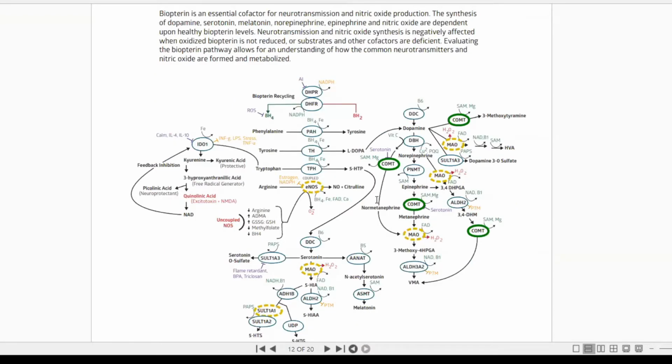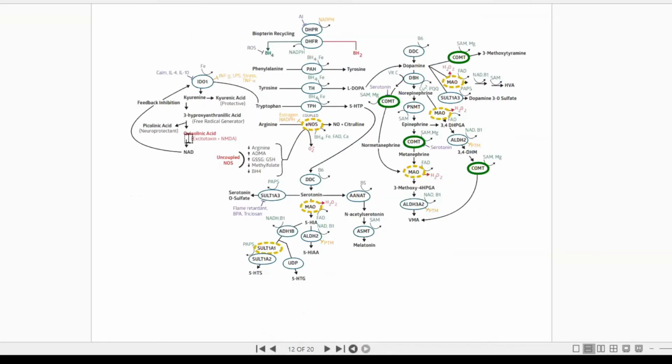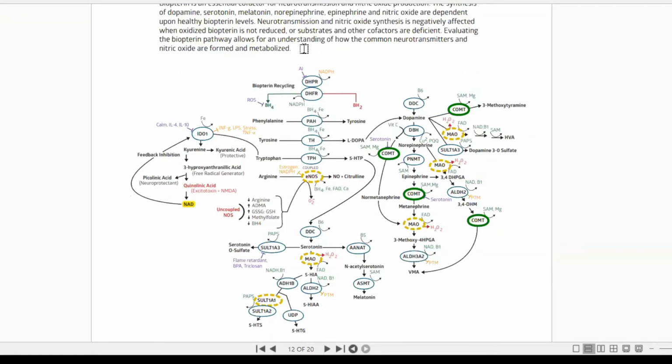So this is your neurotransmitter pathway, the biopterin pathway. Right over here is where that NAD is made, and this one is super important. Things come in through the top, and this one can be a little confusing, but there are different ways these things come. The tryptophan pathway can go over here to make serotonin, which goes to make melatonin, which we always think of as making us sleepy. Or the tryptophan goes over here to make NAD.